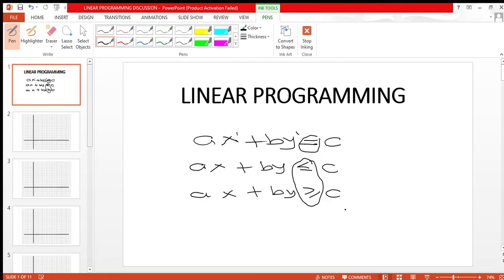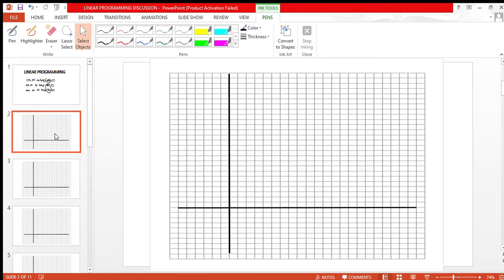We will not encounter problems wherein we have strictly less than or strictly greater than. What else do we need to review in this section? We also need to review how to graph linear equations.